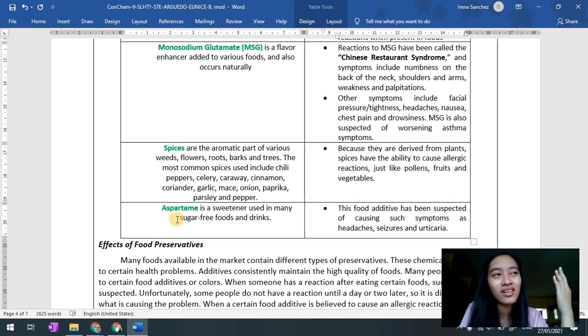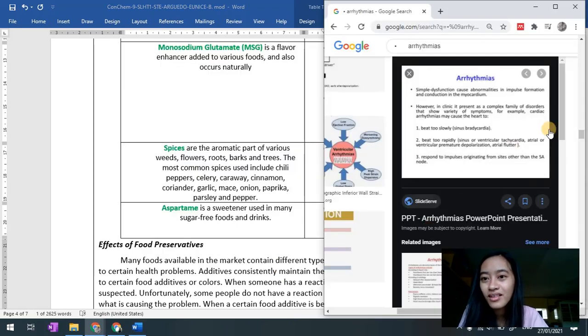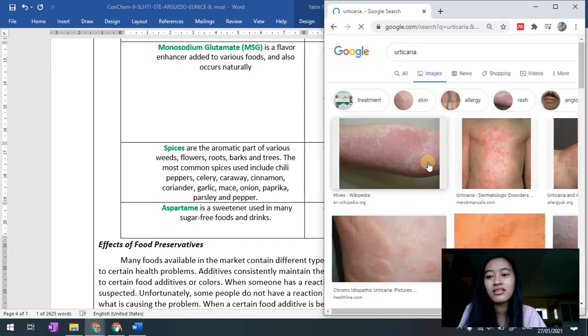They want to promote the elimination of sugar, but they added this sweetener to make the product taste well. So this food additive has been suspected of causing symptoms such as headaches, seizures, and urticaria. What is urticaria? It's been mentioned twice already. Okay, we're almost done. This is a skin allergy.